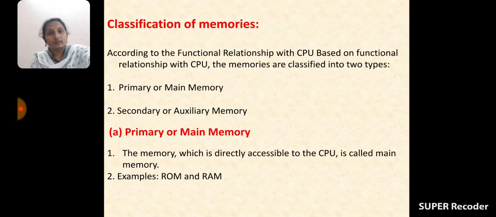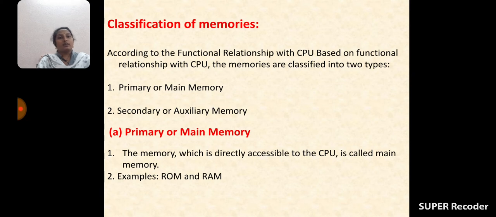Okay, coming to the next broad classification, although classification is already over, here I would like to explain each and every memory in a single line. Mainly, the memories are now classified into two types according to the CPU: primary and secondary. Primary is called main memory and secondary is called auxiliary memory.